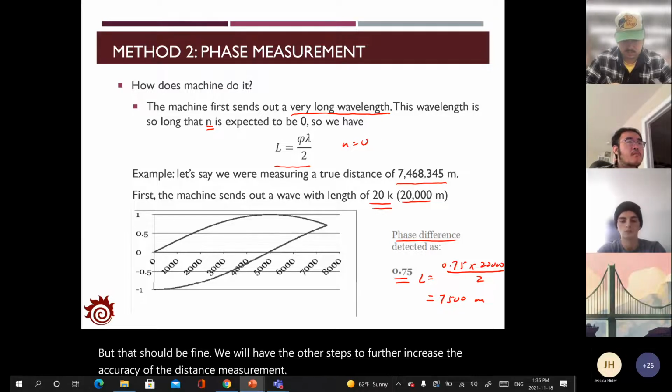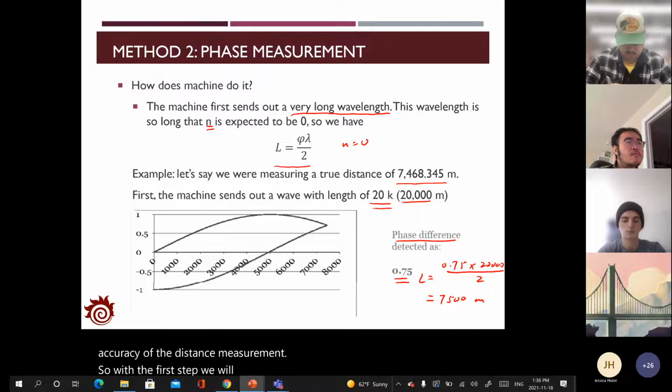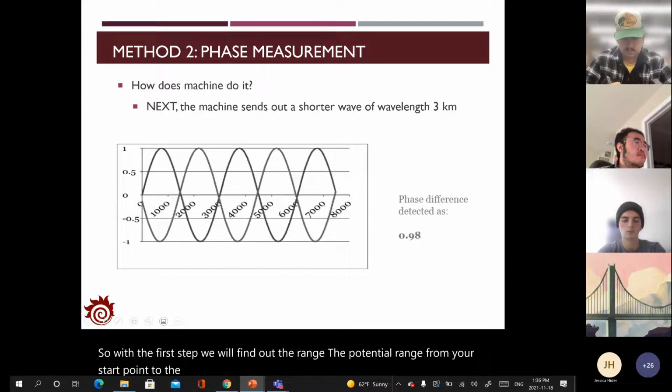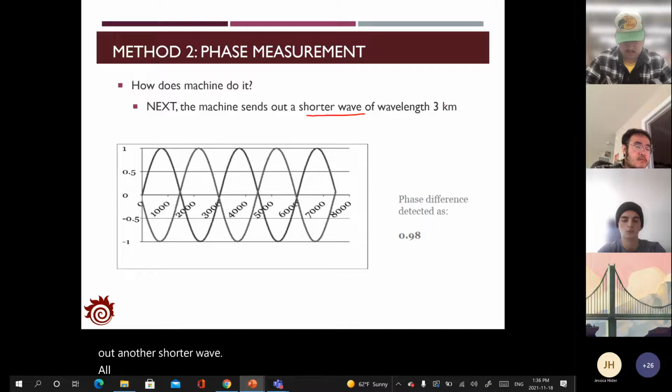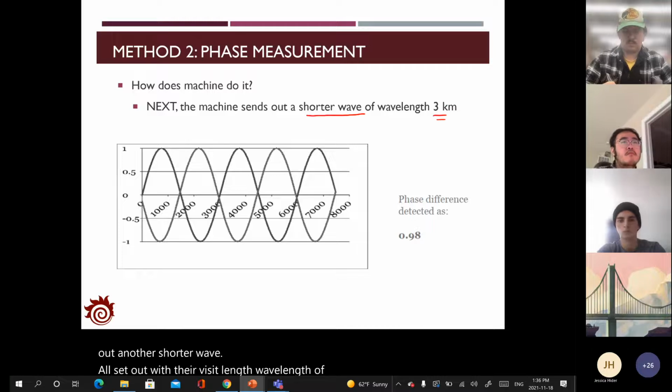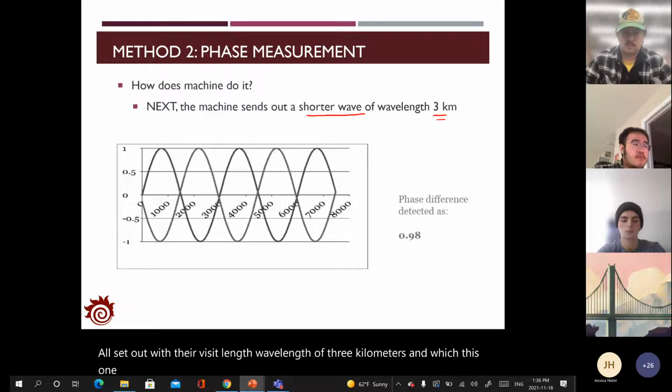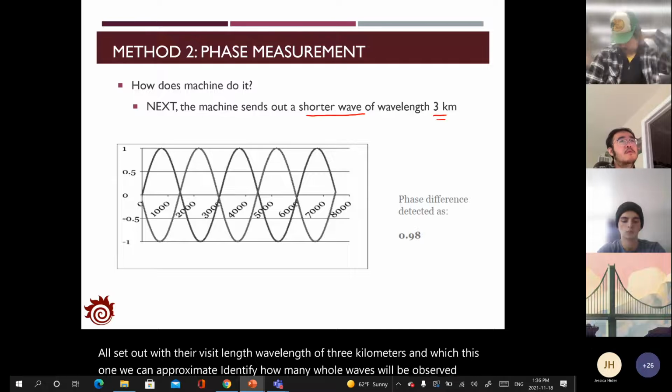So with the first step, we find the potential range from your start point to the target. Then in the next step, the machine will send out a shorter wave, say with a wavelength of 3 kilometers, and with this one we can approximately identify how many whole waves will be observed during the measurement.